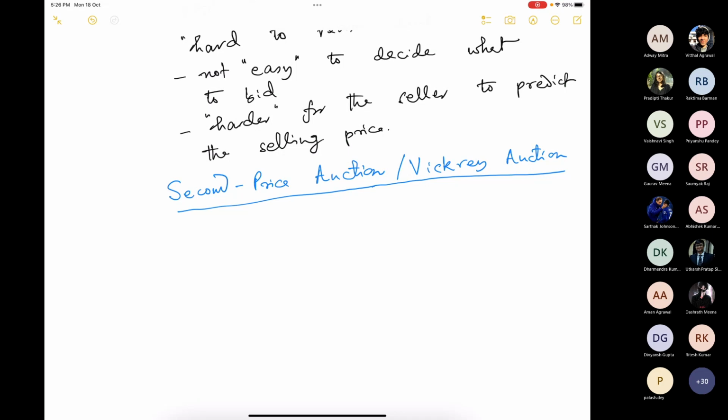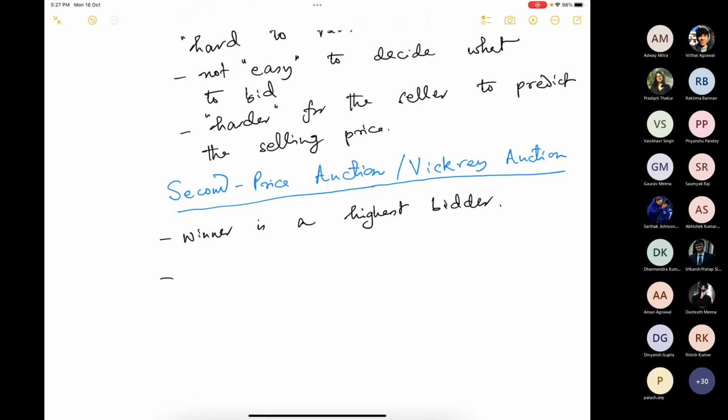Who will pay what? The winner is as before: the winner is the highest bidder. But in the first price auction, the winner had to pay his or her bid.